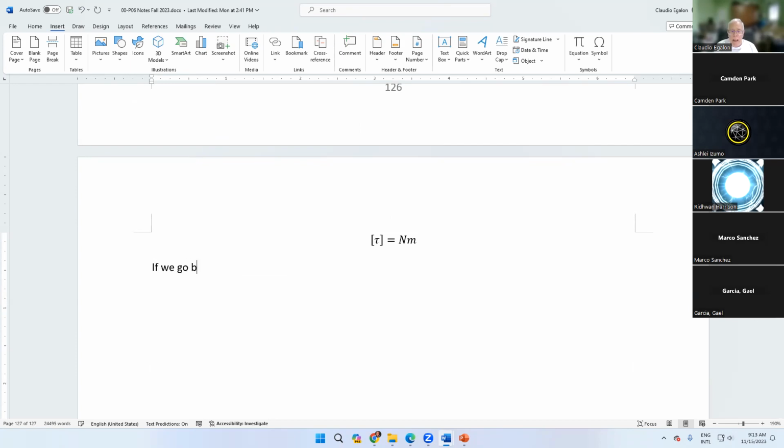If we go back and recall the unit of joules, J, is also Newton meter, which is the unit of work as well. So the unit of work is the same as the unit of torque. Okay, so watch out for that.